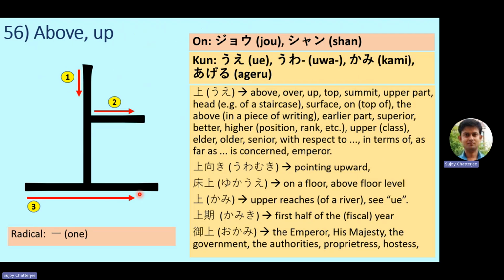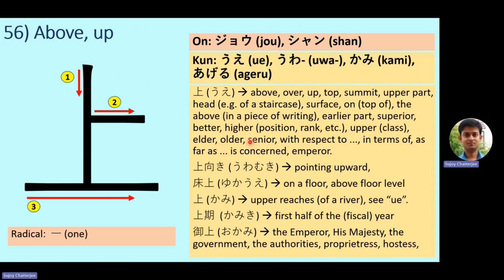This is the kanji that I was just talking about. I have just extracted that particular slide from the kanji lesson. The 56th kanji character of our kanji study was this character, which means above or up. You can see here we had discussed the verb ageru, which would mean to raise something or to point something upward.